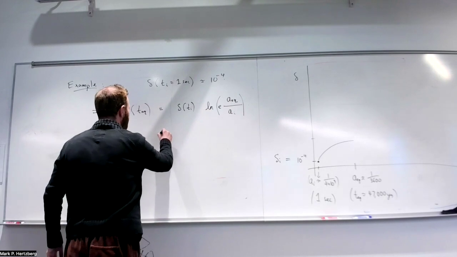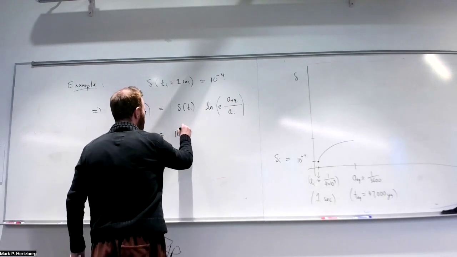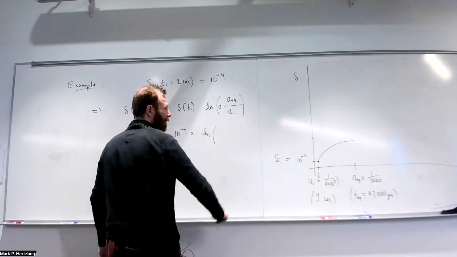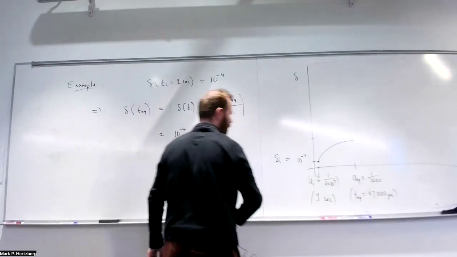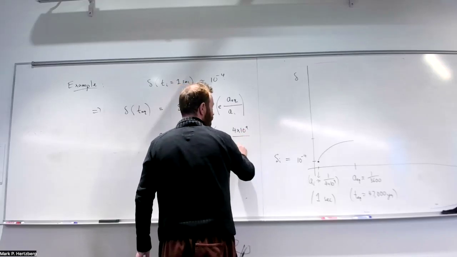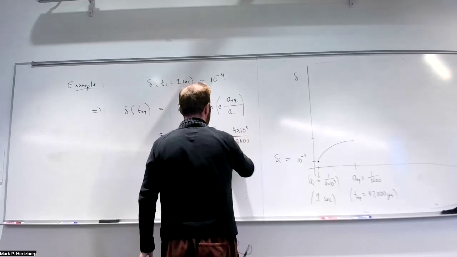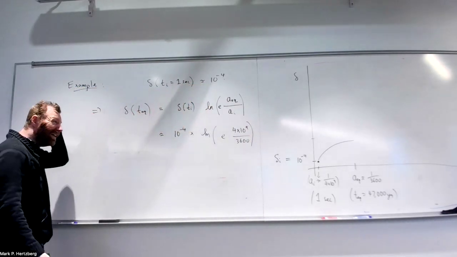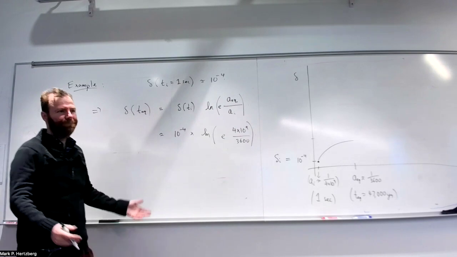Okay, so this would then be something like 10 to the minus 4 times the log of 4 times 10 to the 9 over 3600 times E. And this number here is like 15.